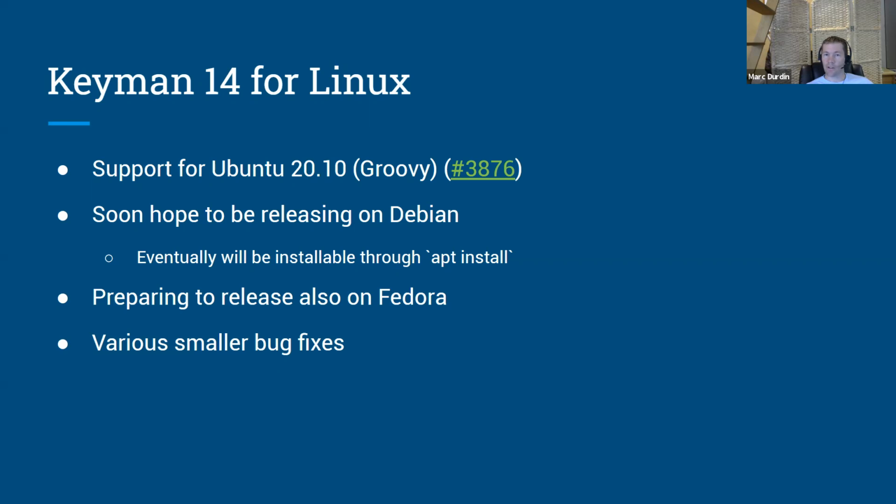So if you use Red Hat Fedora instead of Ubuntu, then you'll be able to get Keyman through their package systems. And he's made a bunch of smaller bug fixes that just make Keyman work more reliably, as well as doing the work around the keyboard search and the localization and those other big multi-platform features.